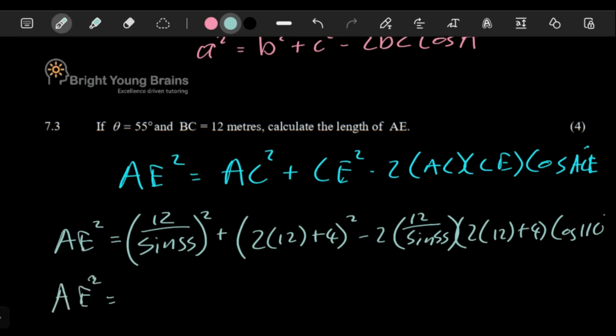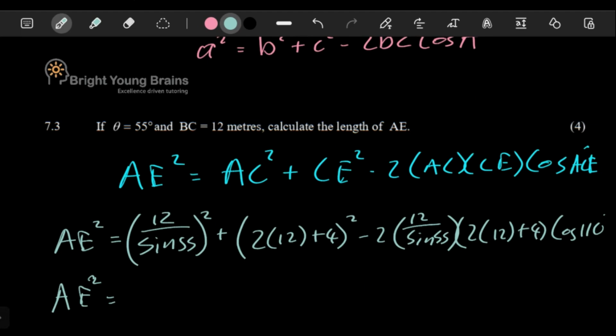When you're putting this in your calculator, you just need to be careful. You would have done all the heavy lifting, so you just want to make sure that you put your stuff in your calculator carefully.